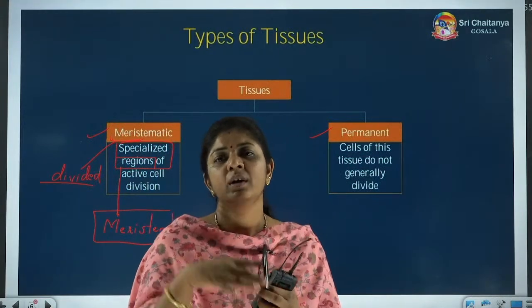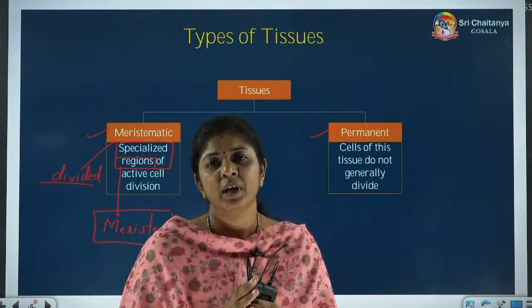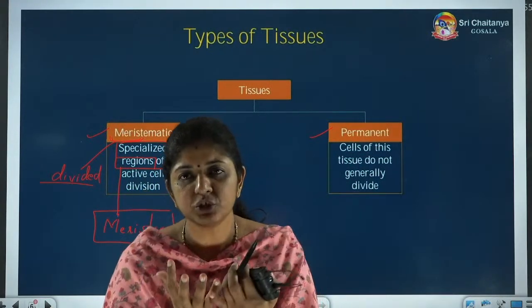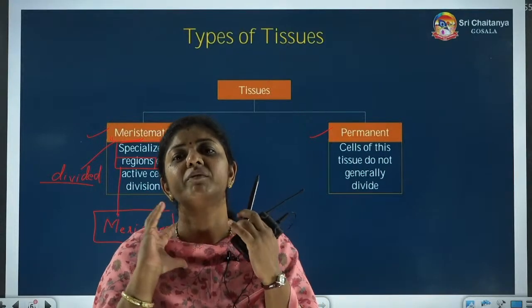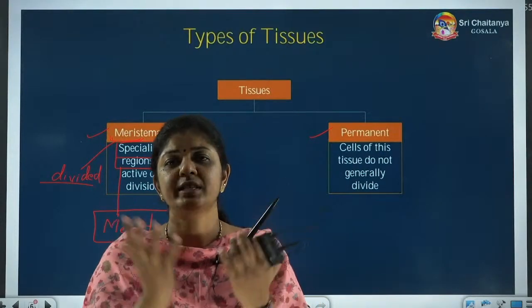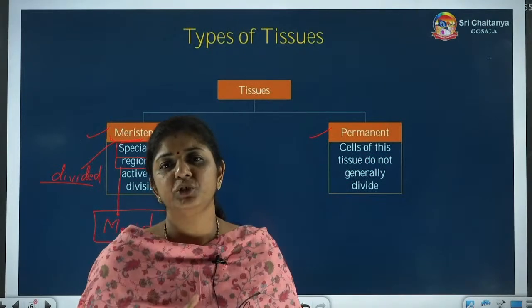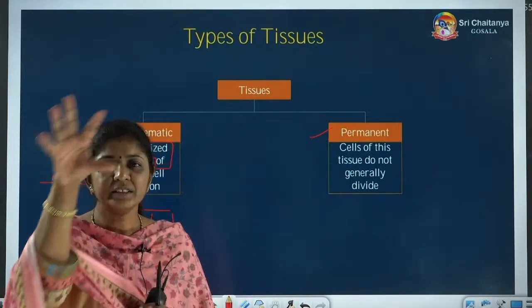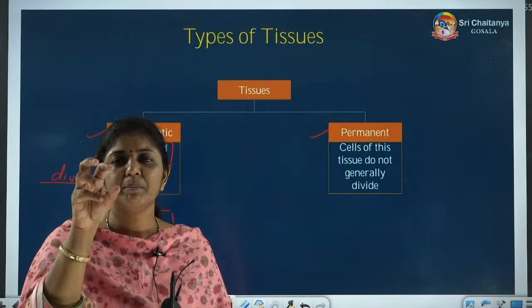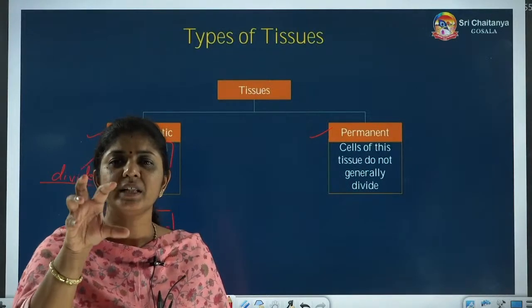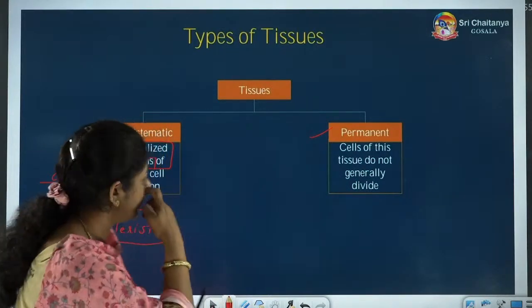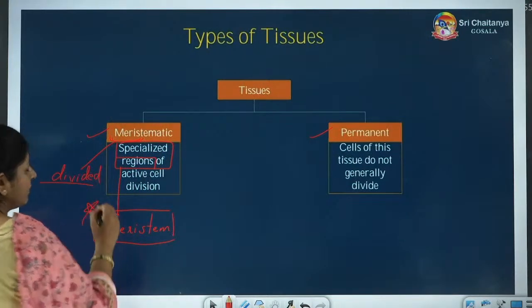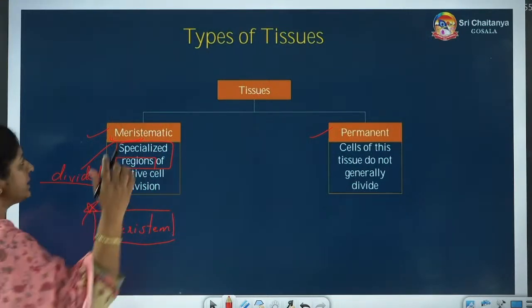A meristematic cell is one part of that tissue. A cluster of such cells, you call it a tissue. So that region together, that area in a plant where the meristematic cells are present, you call it meristem.